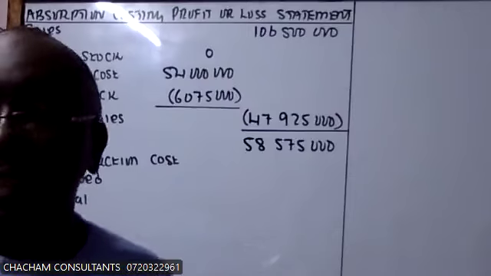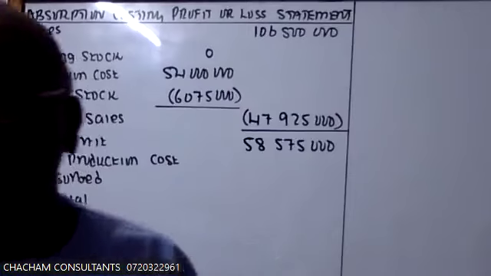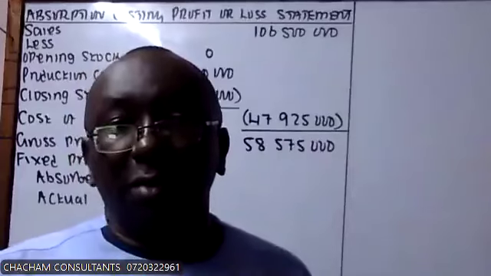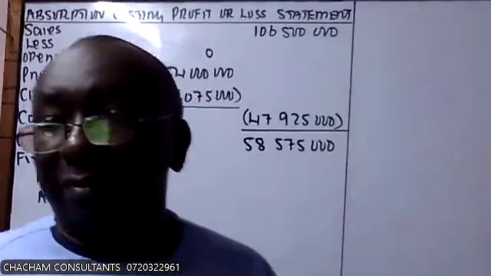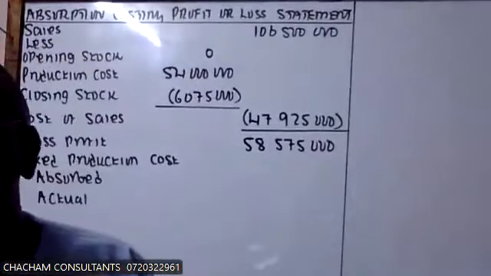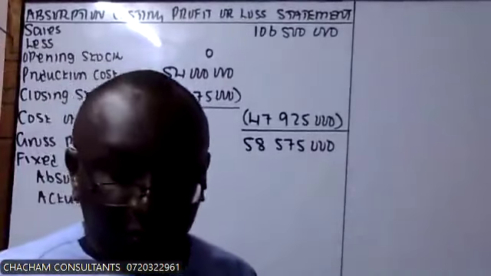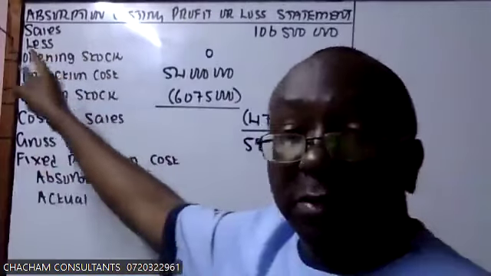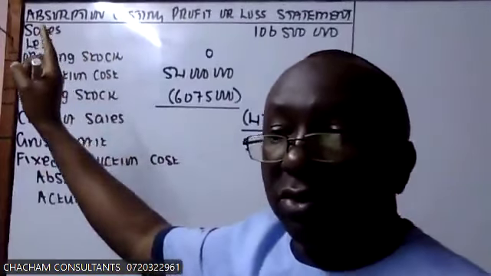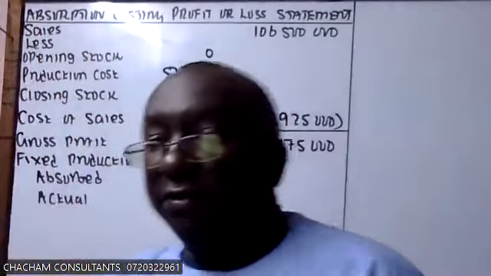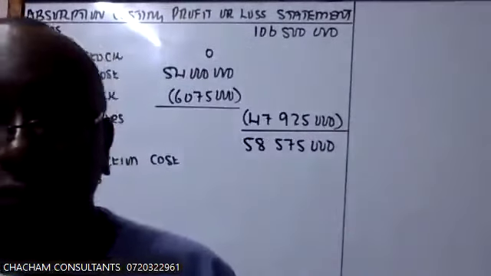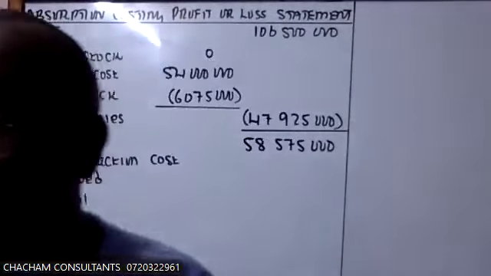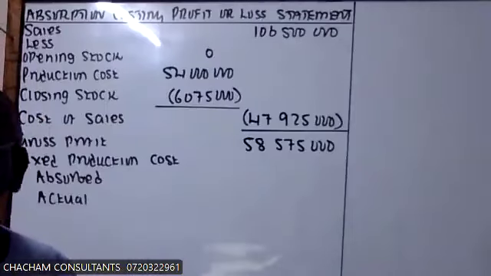Now, how do we get the absorbed? You remember from the topic of overheads, it is the OAR times the actual production. So our OAR, the fixed overhead absorption rate we wrote above, was 450. So take 450 multiplied by the actual production of 24,000.